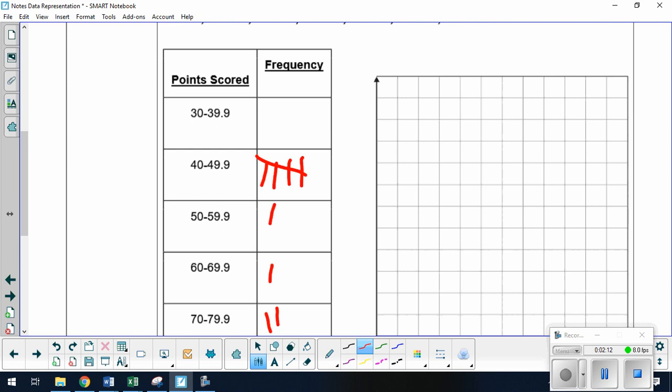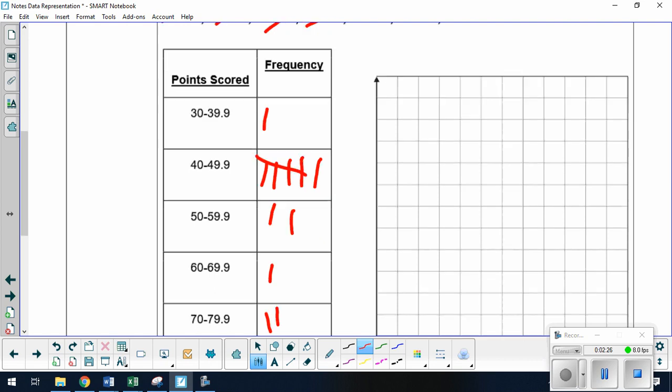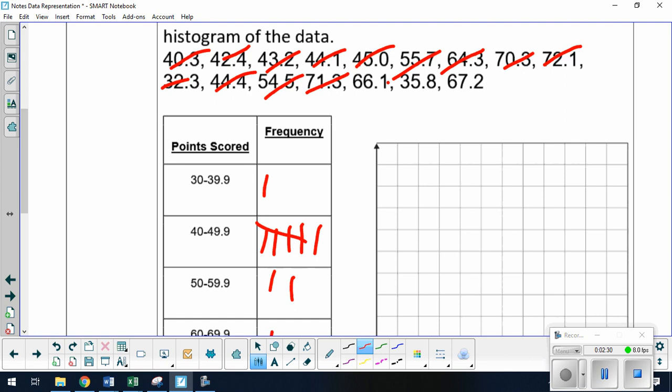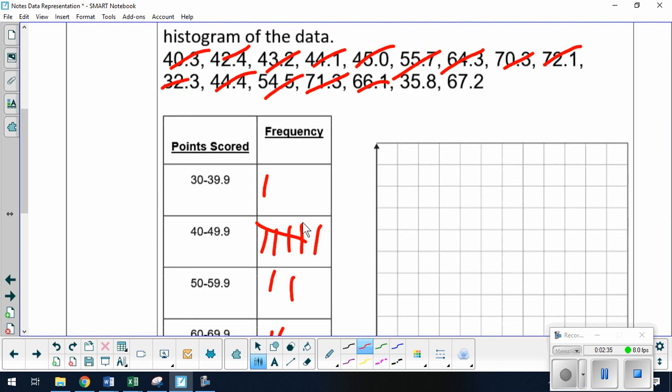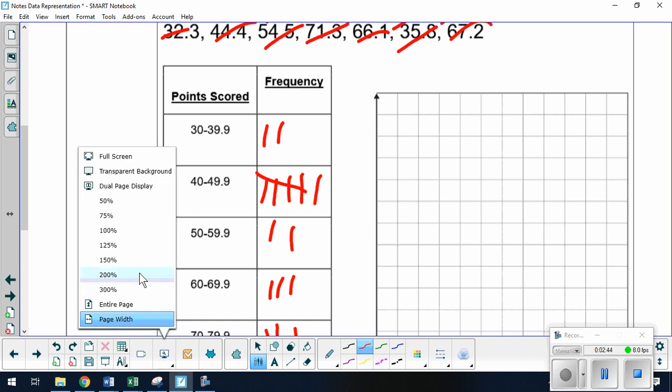So I'm just placing it in the interval that it falls into. 32.3, 44.4, 54.5, 71.3, 66.1, 35.8, and 67.2. So that's where we are at right now.